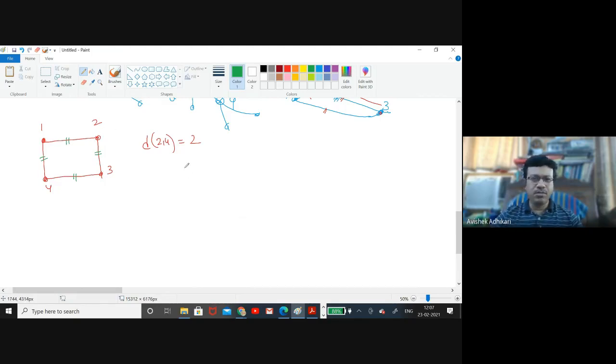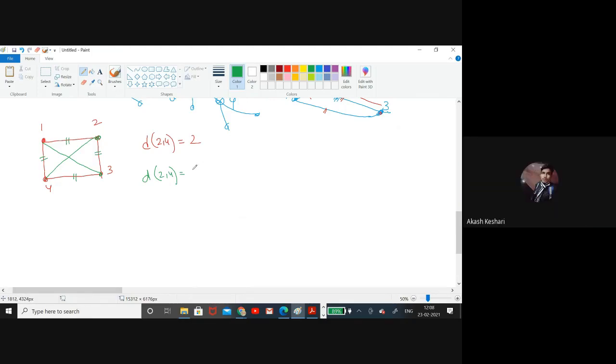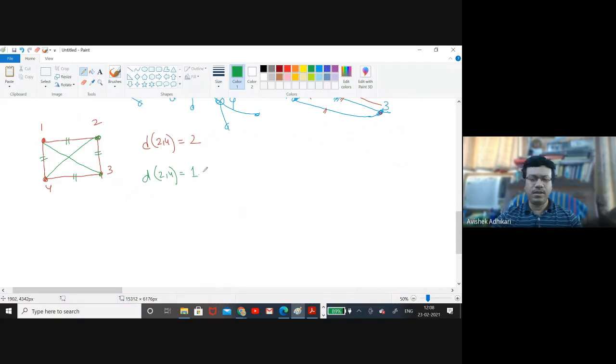But one interesting observation: suppose I just join these two. Now this is a complete graph with four vertices, right? If I ask you the same question, what is the distance between 2 and 4? It's 1. So in case of a complete graph, usually Kn denotes the complete graph with n vertices.